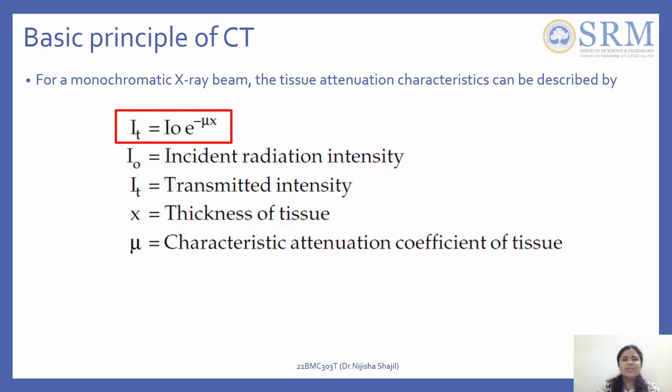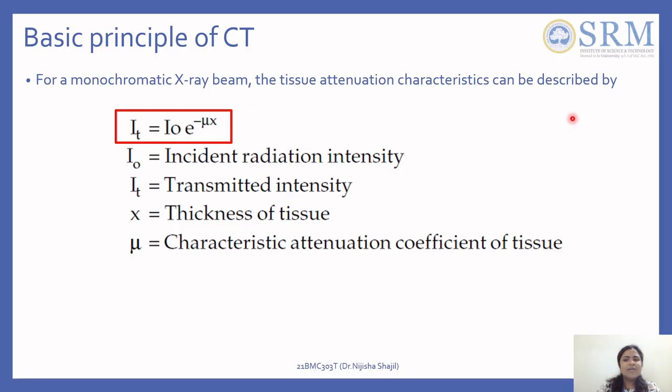To understand this, we need to know a few concepts, such as the incident radiation and how much gets transmitted. For this you have a formula: I_T, the transmitted light, is equal to the incident light times e to the power minus mu x. Mu is the characteristic attenuation coefficient of the tissue, and x is the thickness of the tissue.